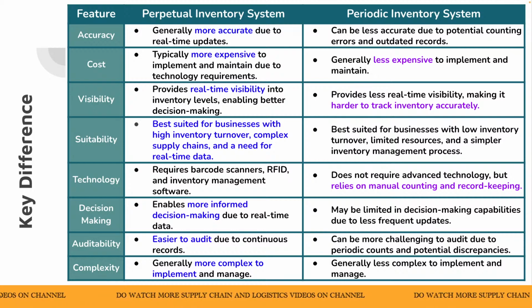In the perpetual inventory system you update with each transaction, whether incoming or outgoing, so you know how much inventory you have. This is more accurate. At any point of time if someone asks how much inventory you have, you will give the accurate number with a perpetual inventory system setup.